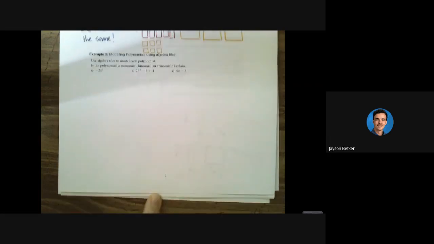Example number 2. This is our last example. Then you can work on the practice problems today and tomorrow. Use algebra tiles to model each of the following polynomials. So this shouldn't be too difficult. We've got 3 of them. We'll start with A. A is going to be particularly quick. It's just negative 2x squared.